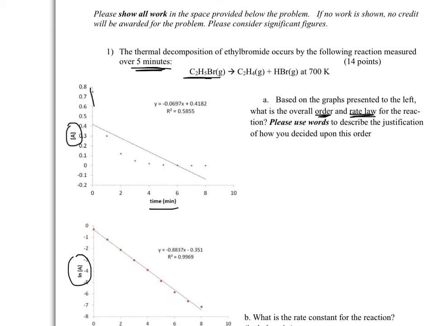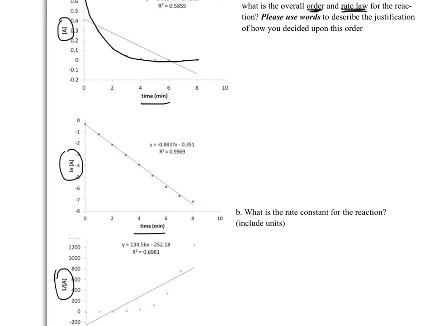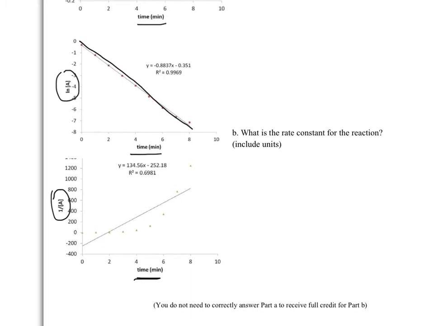If we draw the line in here, we can see that the points on this graph fit on the line. And then for this last one, when we take the 1 over the concentrations, we see that that also does not fit the line.